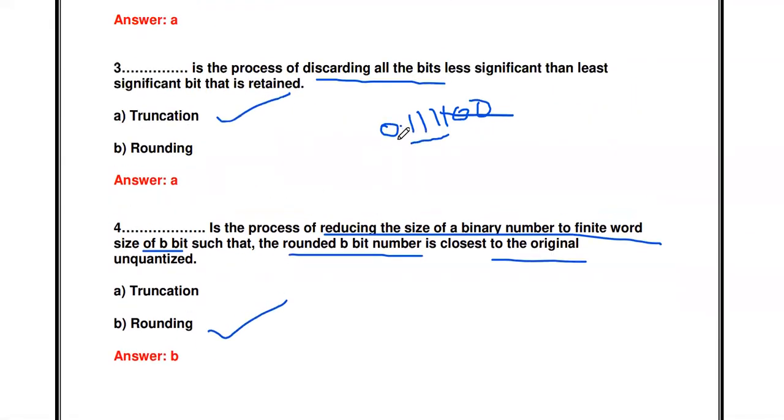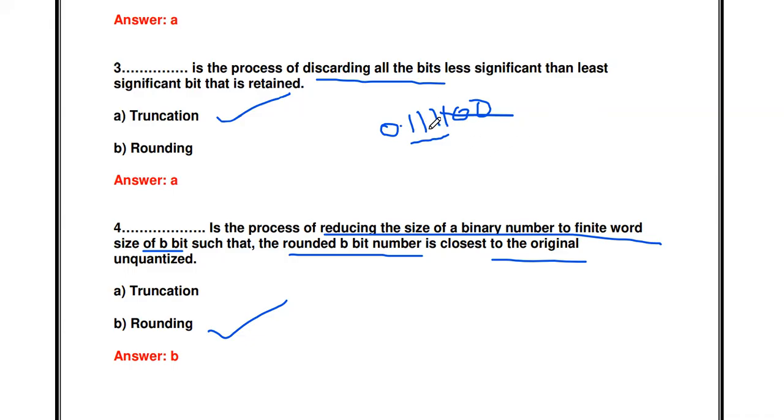What is the difference between truncation and rounding? In truncation, if you want to truncate this number to 3 bits, you keep these 3 bits, and after that, whatever the value, 0 or 1, the 4th bit, 5th bit and all remaining bits are just discarded. Rounding means we have to make the rounding process.